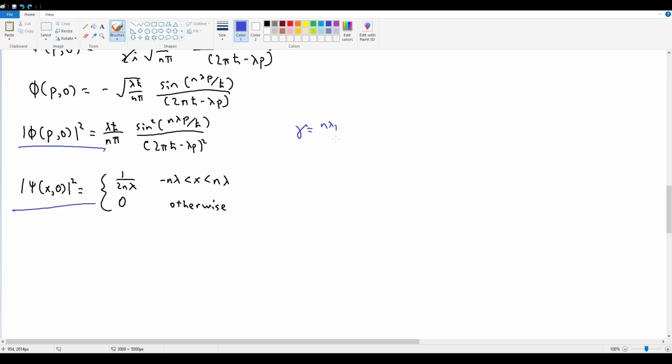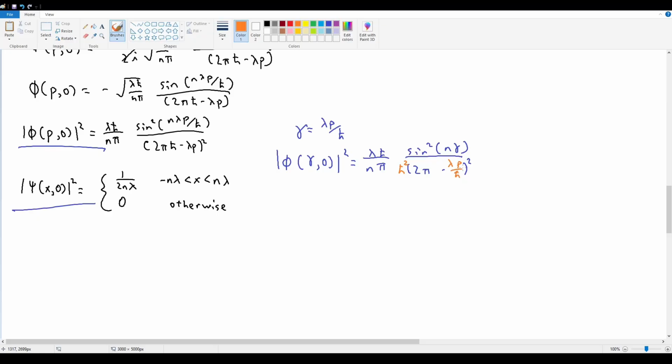Or actually, no, let's leave out the n. This is going to be equal to lambda p over h bar, in which case magnitude phi of gamma comma 0 squared is therefore going to equal lambda h bar over n pi multiplied by sine squared of n times gamma divided by 2 pi h bar minus lambda p, squared. Recognize that down here, you can pull out an h bar squared in order to get rid of this h bar and then add an h bar at the bottom.